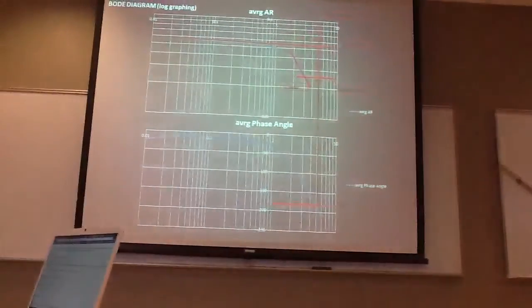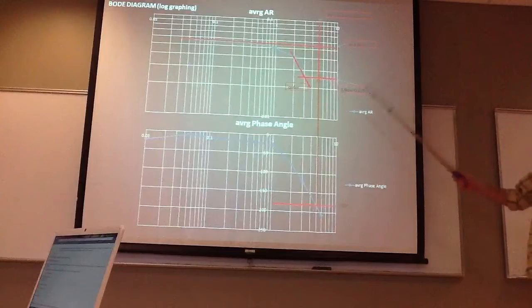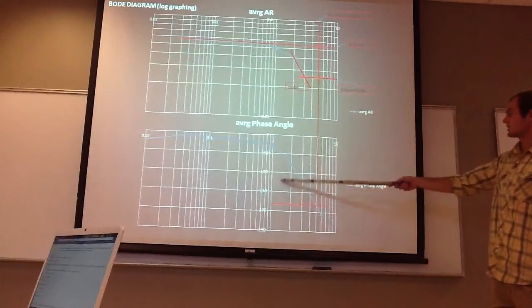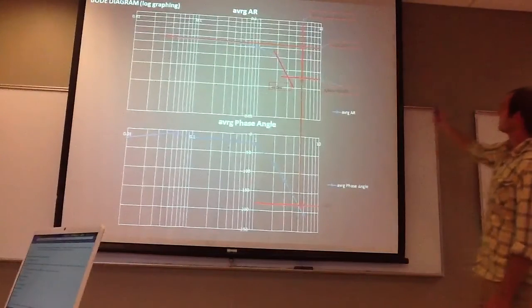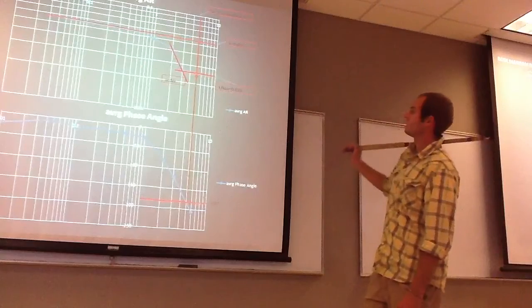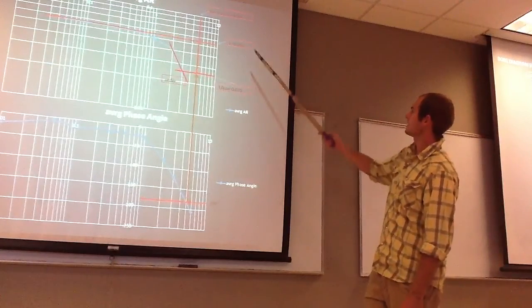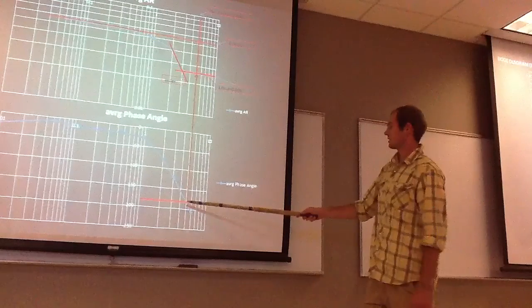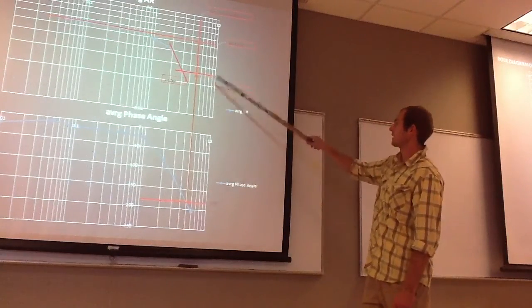Here's our Bode plot, which is frequency versus degrees, and frequency versus amplitude ratio. We searched for 180 degrees, because this is where you find the FU value.